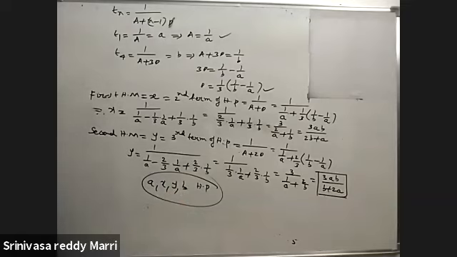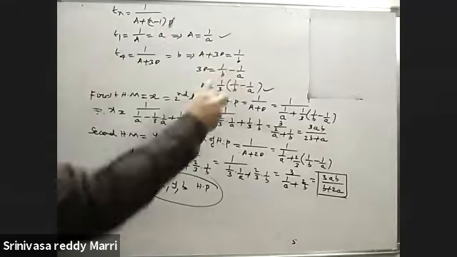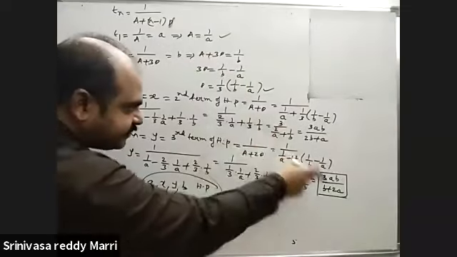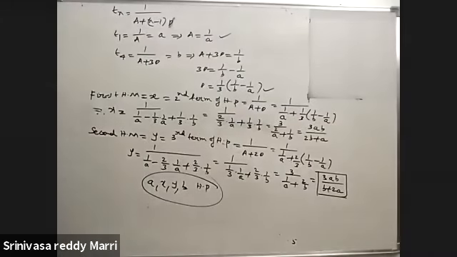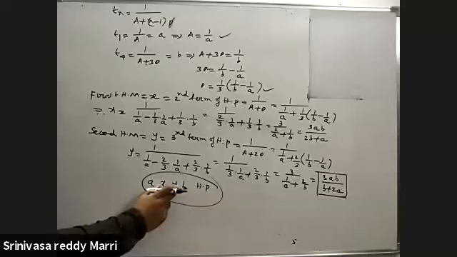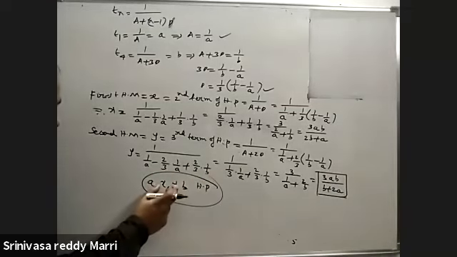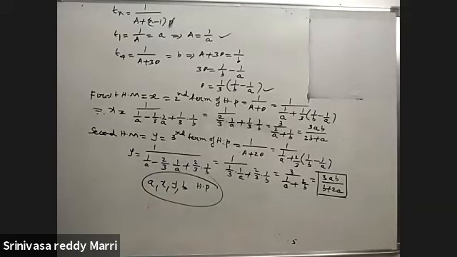Z is nothing but the fourth term in the harmonic progression. That you can calculate because A you know, D you know. Only two things means you can remember X, Y. So just two numbers will be there, and in between numbers are there such that they all form a harmonic progression. Then these numbers are called harmonic means.